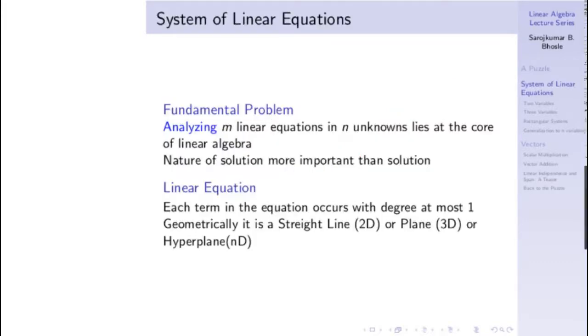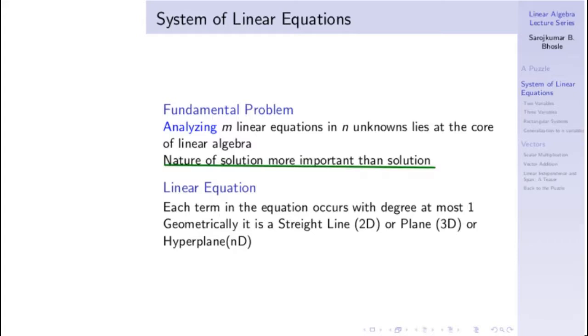Coming to systems of linear equations, this analysis of m equations in n unknowns is the core of linear algebra. Linear algebra tries to solve these kinds of problems, and more than solving, it tries to analyze them. Again, remember that we are more interested in the nature of the solution than the actual solution.